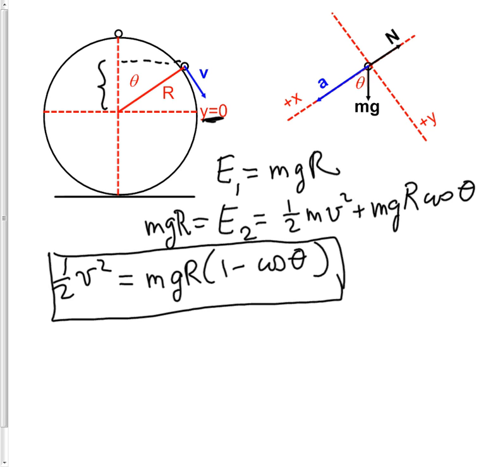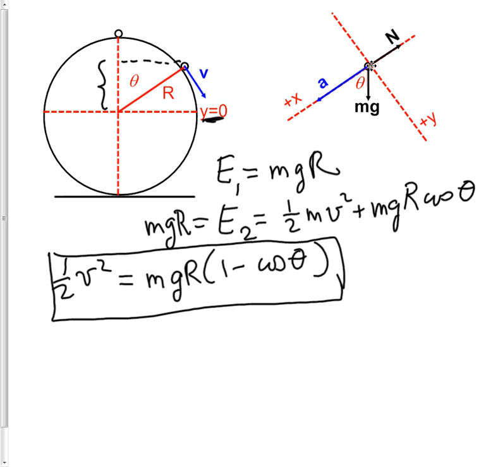So we need, in fact, to look in a little bit more detail at the dynamics of the problem, and we'll do that by looking at this picture here. As the bead is moving with speed v in a circle of radius r, its acceleration is pointing toward the center of the circle, and I've indicated the acceleration as a, pointing in this way, and a, of course, has got to be v squared over r.